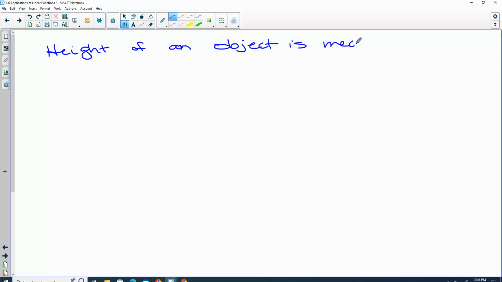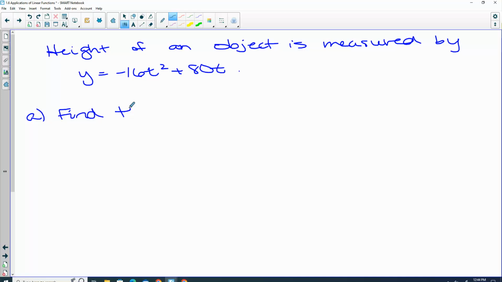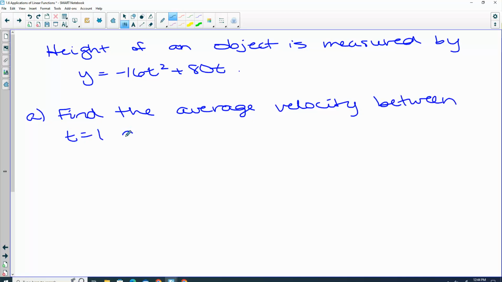The height of an object is measured by this equation. So if I said find the average velocity between t equals 1 and t equals 3.